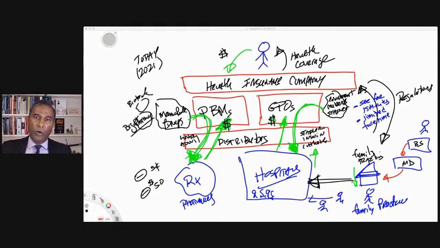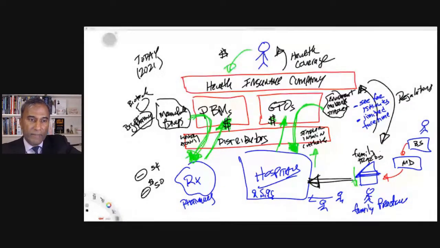So over time, by the mid-90s, these GPOs were individually helping hospitals. They started consolidating. So today, there's only 3 major GPOs, group purchasers. These guys today control the flow of all sorts of products.